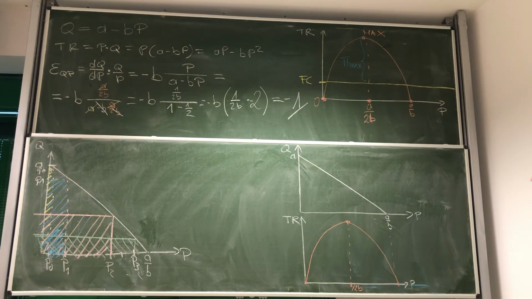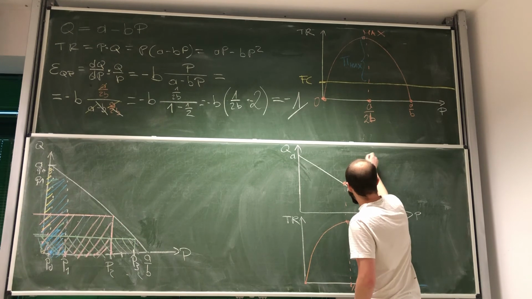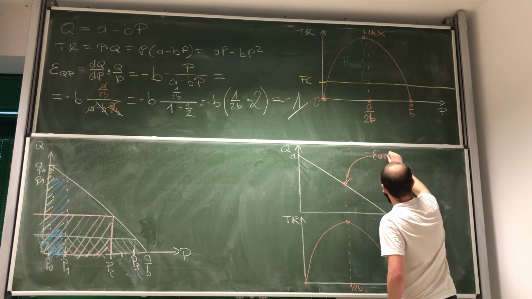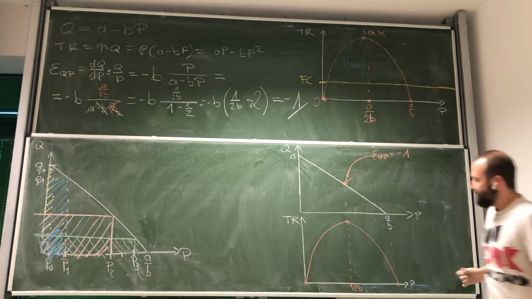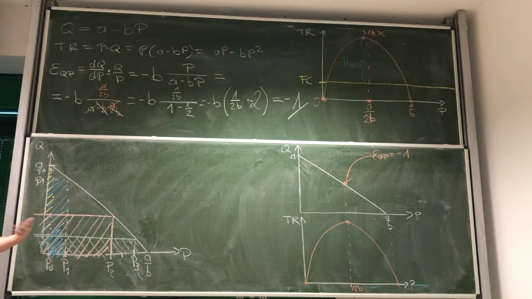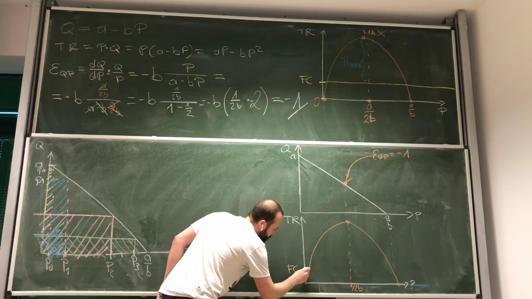Now, what do we know about this maximum? We know that this maximum happens to take place where price elasticity of demand is equal to -1. And look, what do we learn from this? Oh, of course, and here we have fixed cost only.